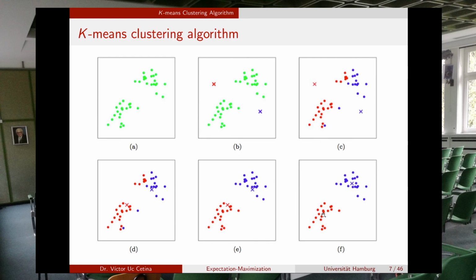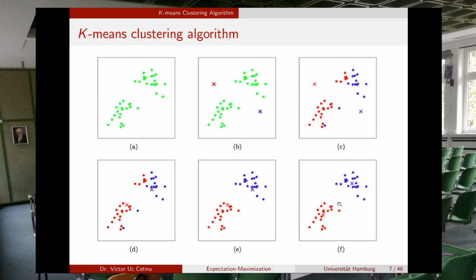The idea behind these algorithms, remember that we were talking about unsupervised learning, is to try to find some structure in the data. And in this case we have found that there are two kinds of points, though we don't know what this red color means or what this blue color means in the real world application.